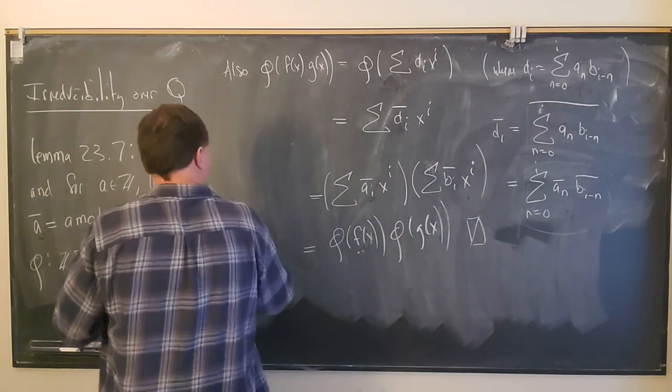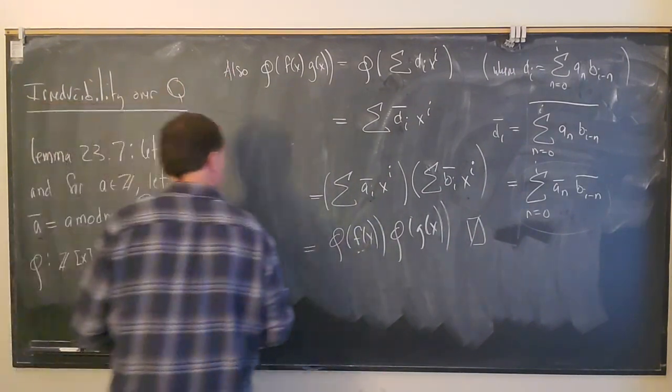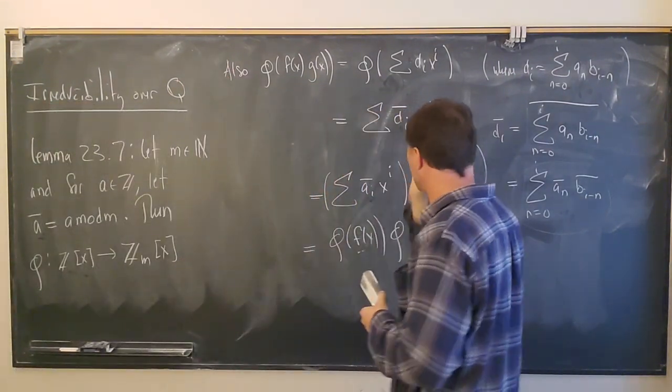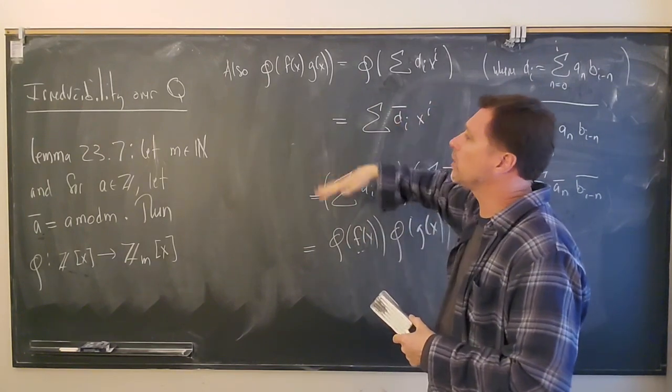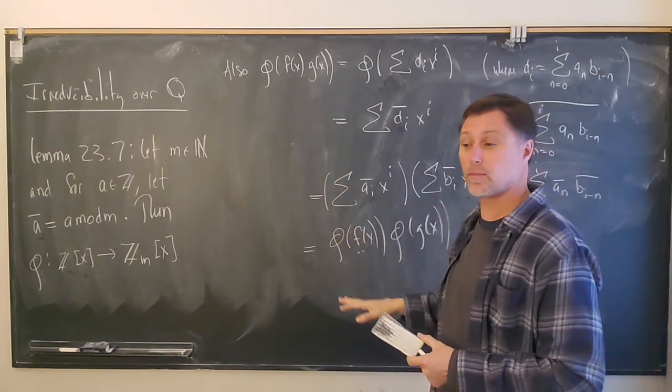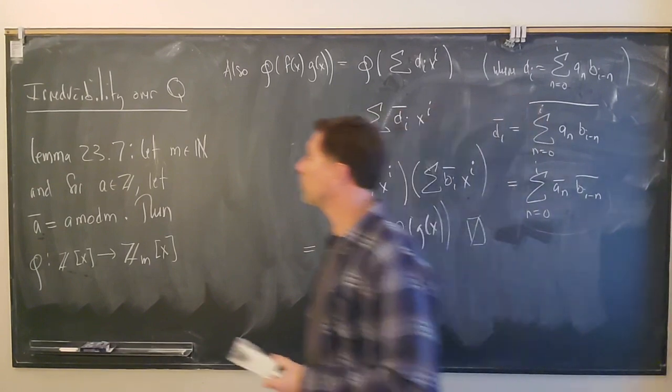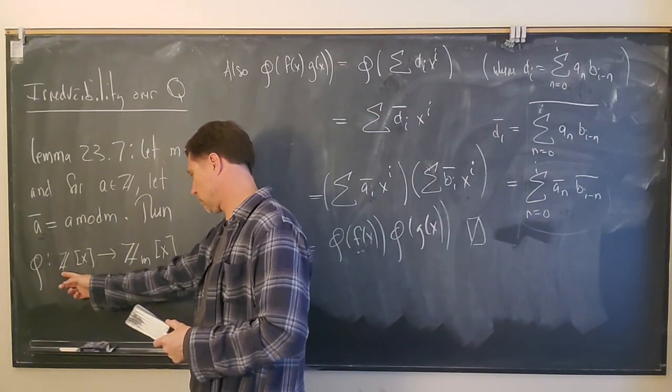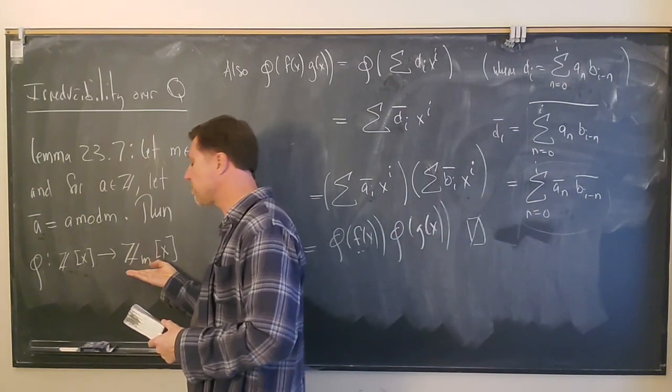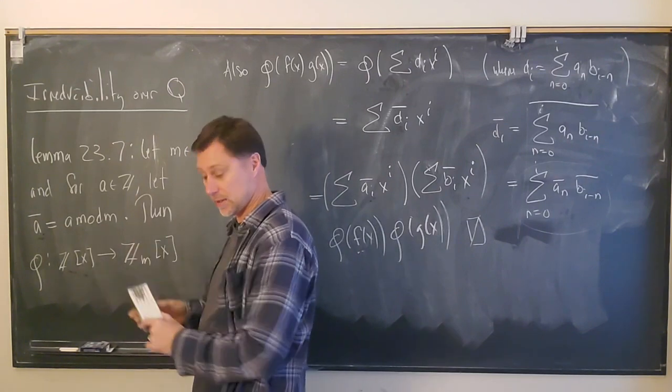So this is sort of a technical result that we're going to use quite a bit. This is going to be one of our techniques when studying reducibility and irreducibility of polynomials. If you have a polynomial with coefficients in the integers, you can reduce it mod m and everything behaves nicely.